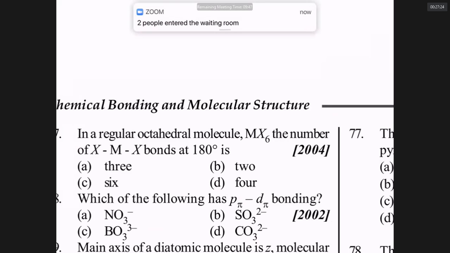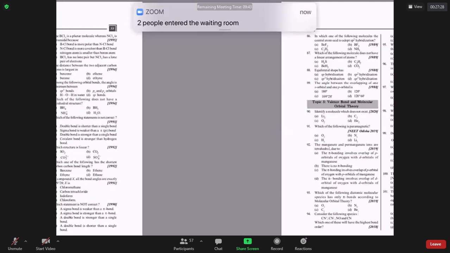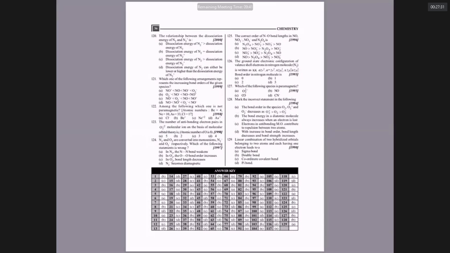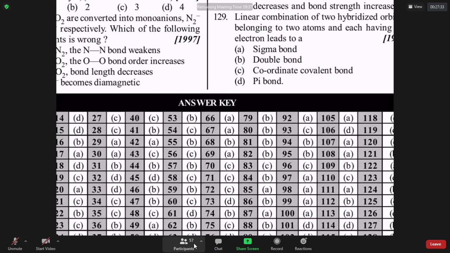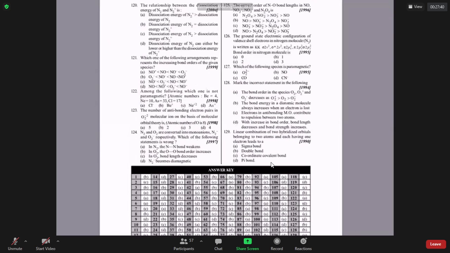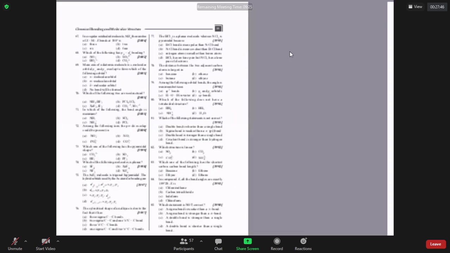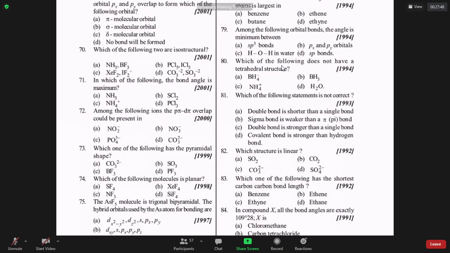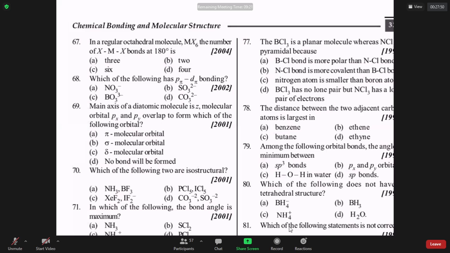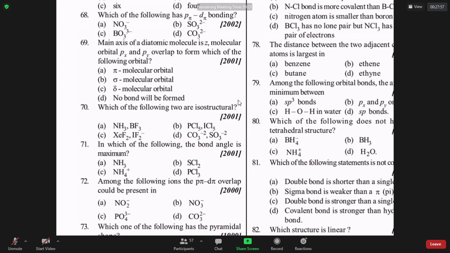Think it over. Obviously, it is 3. Can you see it or not? Yes, sir. 3.